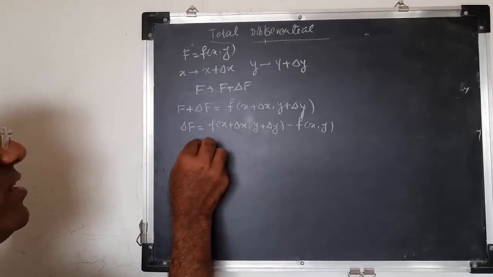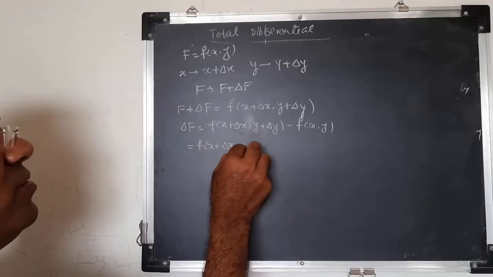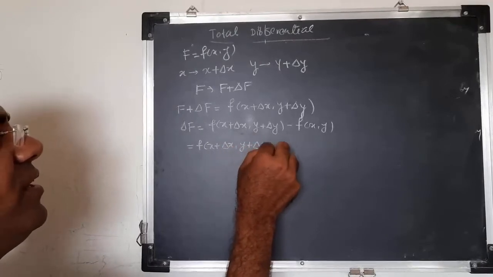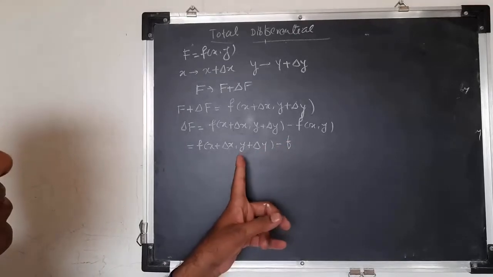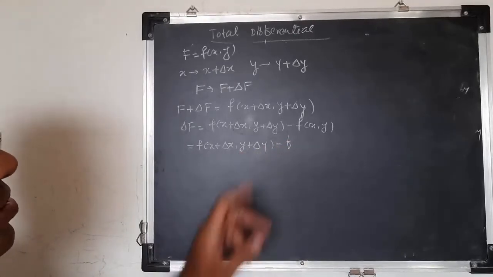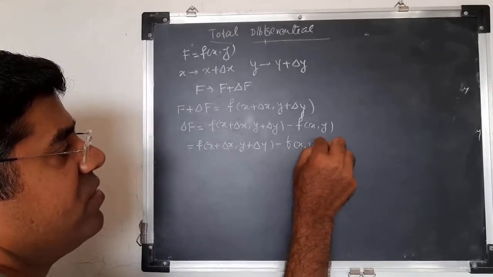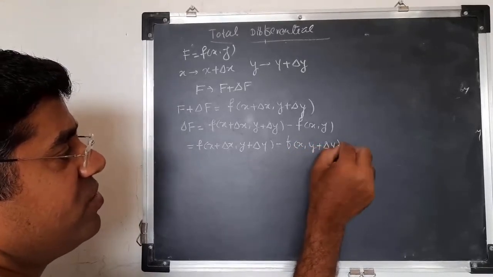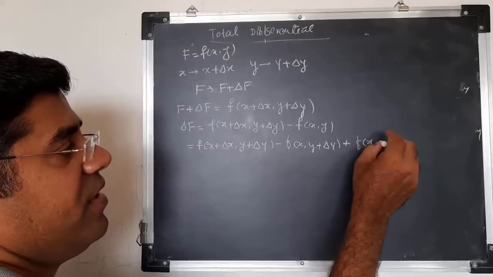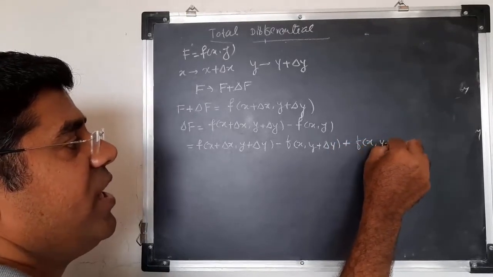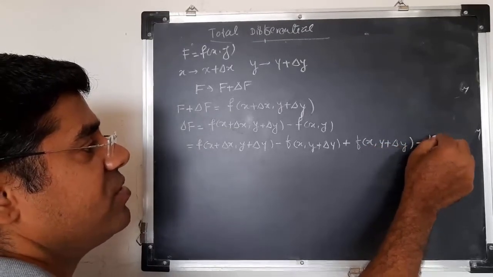This is f of x plus delta x, y plus delta y, minus, suppose we want to keep y constant so we consider only the change in x, f of x, y plus delta y, plus f of this term, minus the original term.